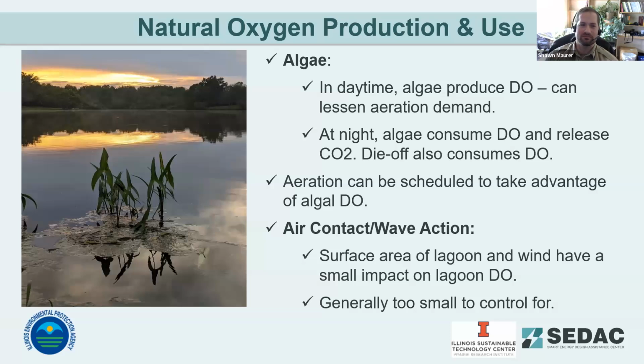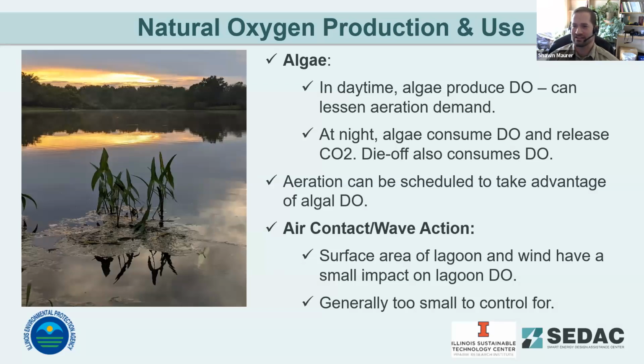Something else that contributes a bit to algal DO is, the larger surface area you have, the more air contact the surface of that water has. If you're mixing that water, you're driving some surface contact DO into the lagoon. Generally not as large an amount as you get from algae or from actual mixing technologies, but there's some impact there as well.